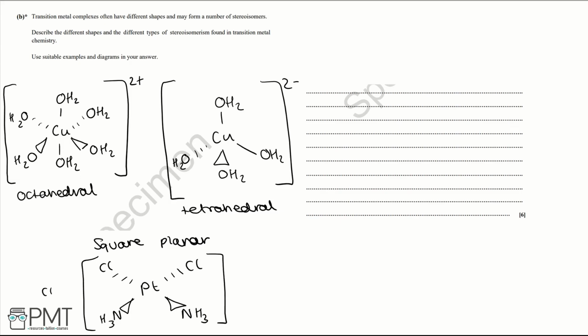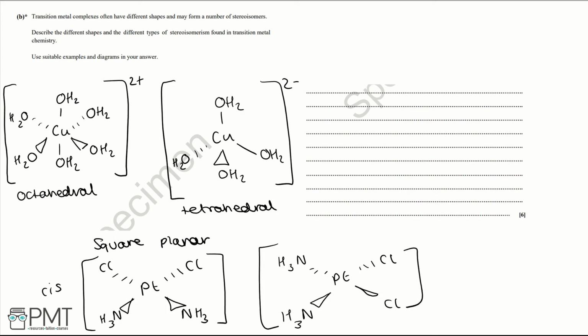So this is our cis arrangement, but we also have a trans arrangement where you have them on opposite sides. So we'll have a chlorine and an ammonia, making sure we're bonding to the nitrogen in the ammonia, not the hydrogen.